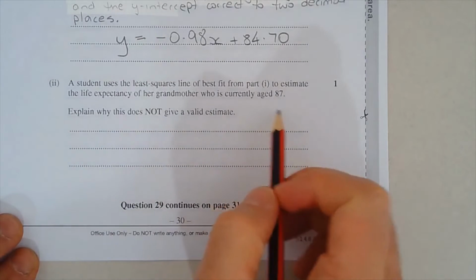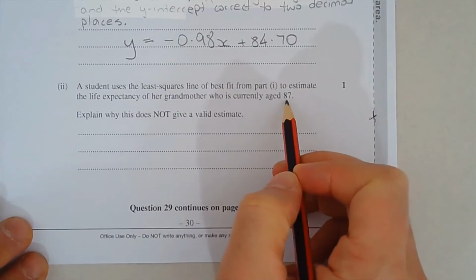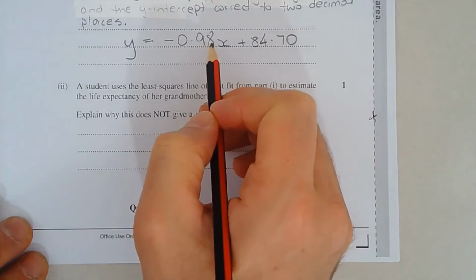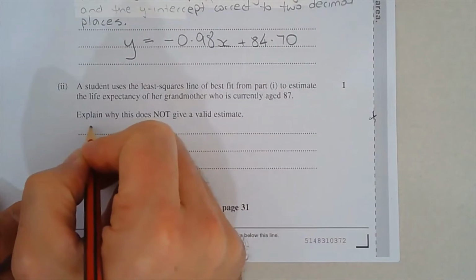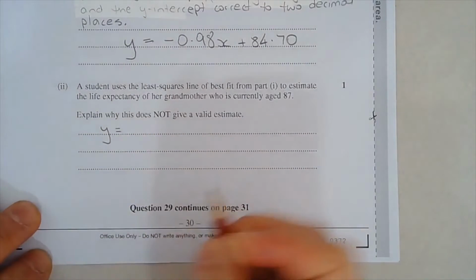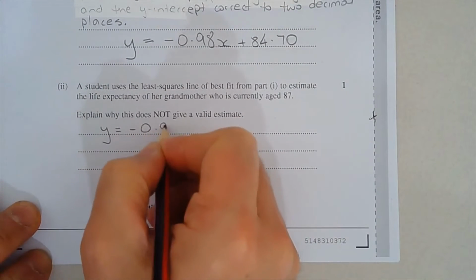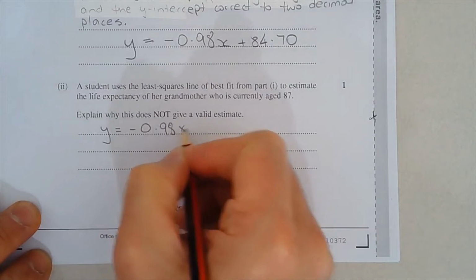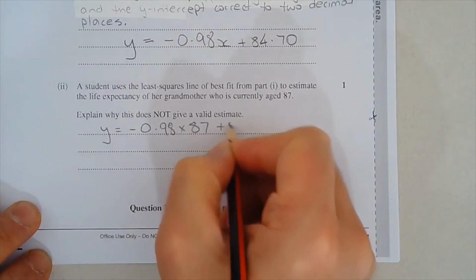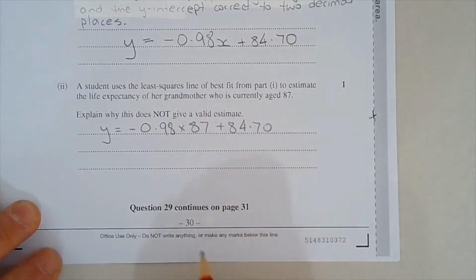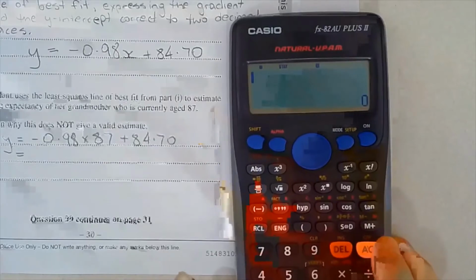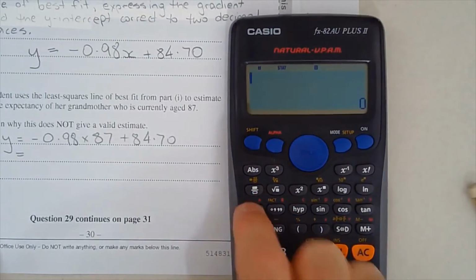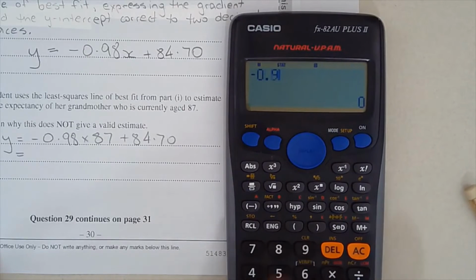So I think what we'll do, why don't we substitute in 87 into this equation and let's see what happens. So y equals negative 0.98 multiplied by 87 plus 84.70. Okay, so let's enter that in and see what we get. You'll probably get a very strange answer, in fact.